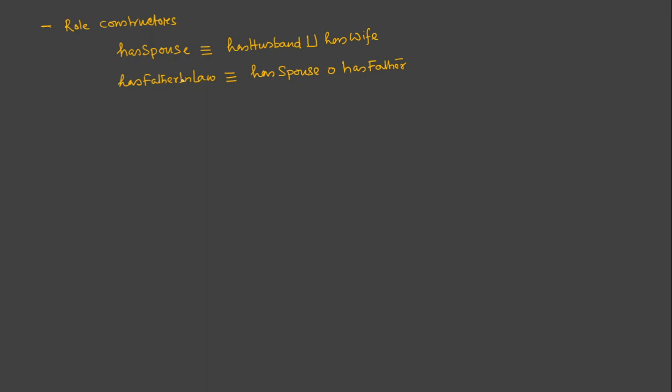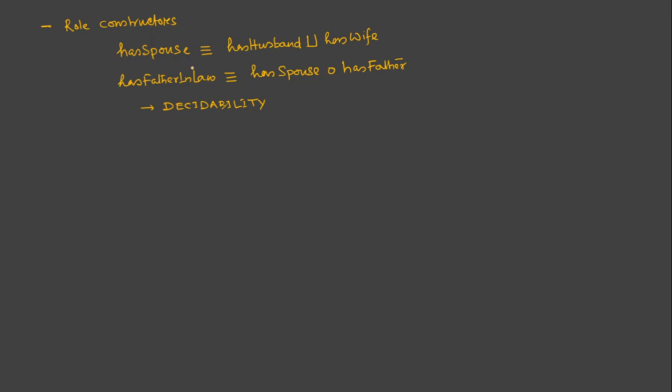One point that we need to consider while we are constructing roles out of multiple roles is the concern of decidability. The unrestricted form of this role constructor will make the language undecidable, right?